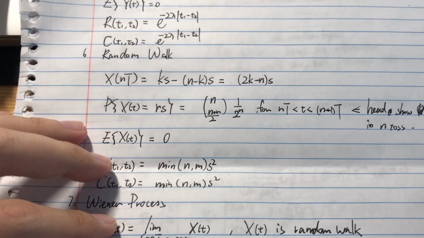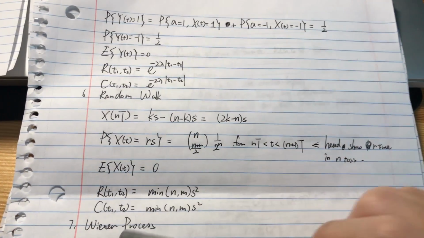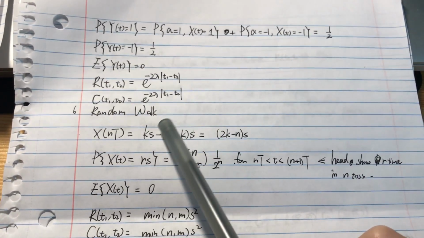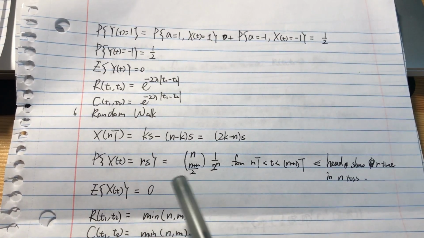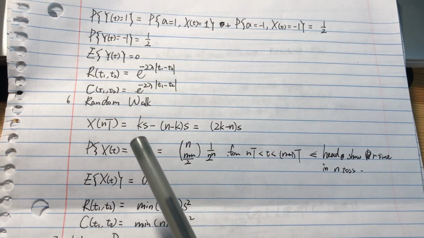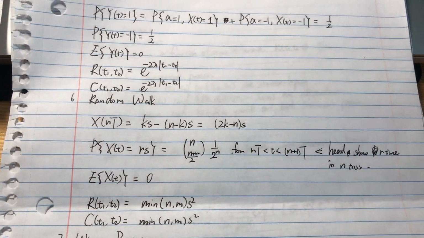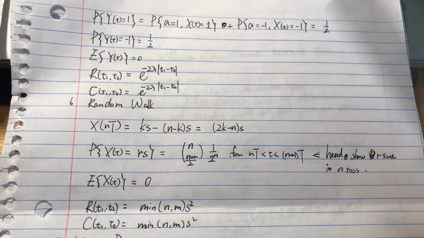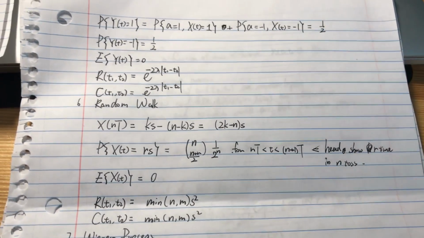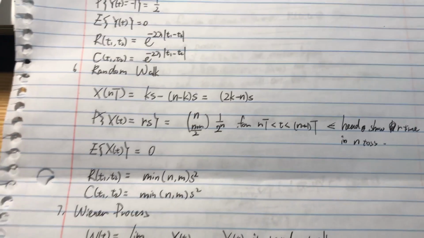And the next one is a random walk process. For this one, we use k to denote, like in a fair coin trial, the number of heads that show up, and n is the total number of trials, and n minus k hence is the number of tails that show up.